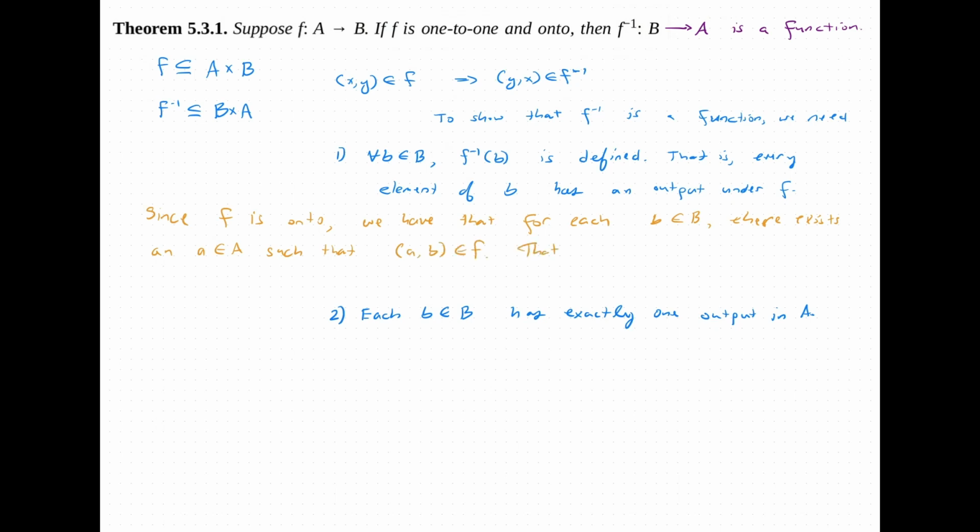That is, f of a is equal to b. But a comma b being in f means that b comma a is in the inverse relation. So in particular, b comma a is in f inverse. And now that tells us that every input in B has an output.